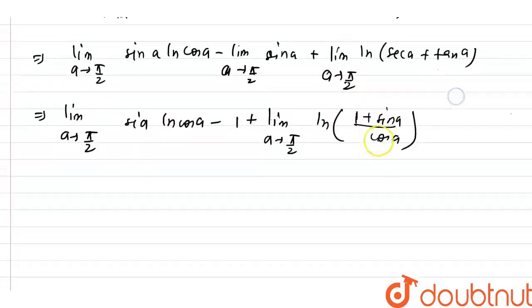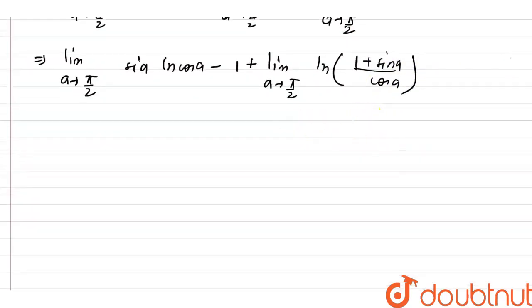Now moving further, if I apply the limit pi by 2 here, sin pi by 2 is 1 and cos pi by 2 is 0. ln 0 is an indeterminate term. That's why I'm not applying the limit here.